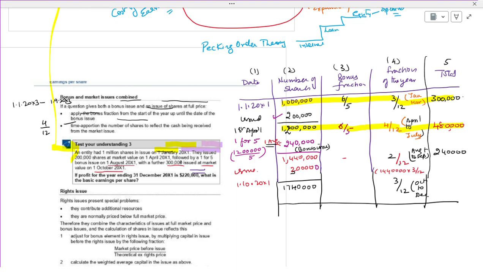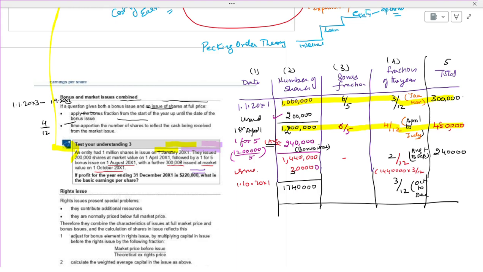How many shares are there? 480. Then again they have issued at full market value, 300,000, on 1st of August. 1st of August means August and September, because there is another issue in October. So we have taken August and September, 2 months.